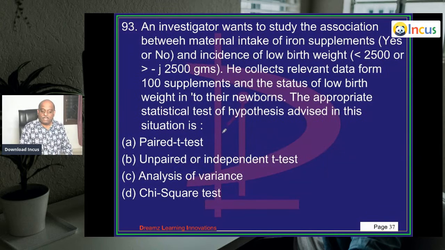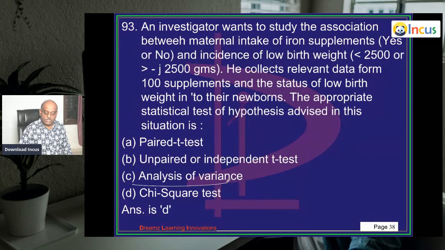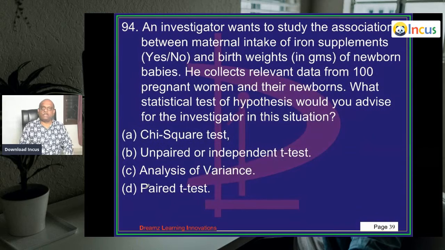An investigator wants to know the association between iron supplements and birth weights. So what is the best test of hypothesis? Typically, the chi-square test is the one which is advised. So once more, discrete variables where yes or no is the answer, there you are comparing proportions.